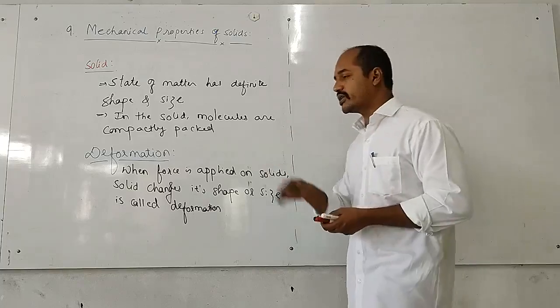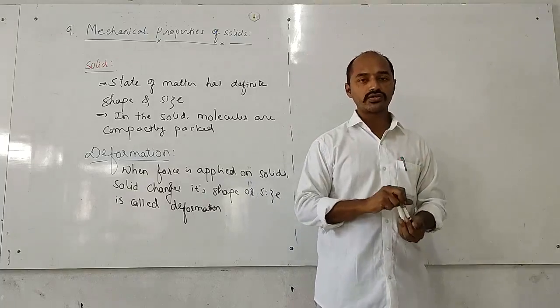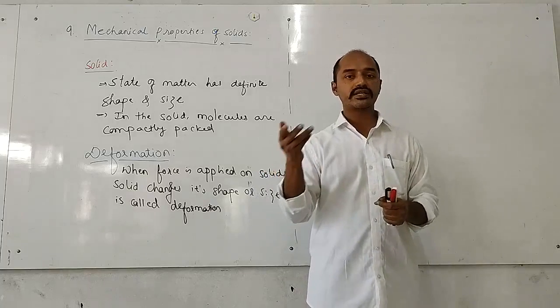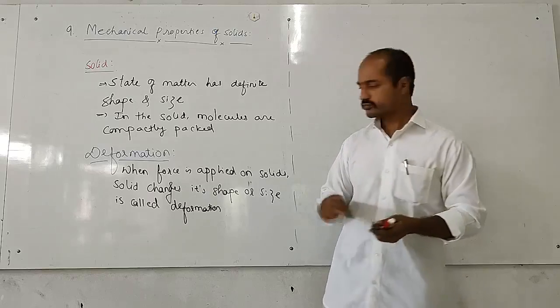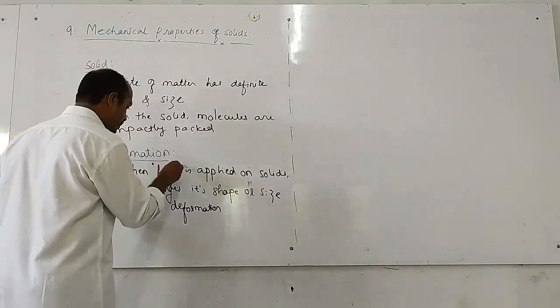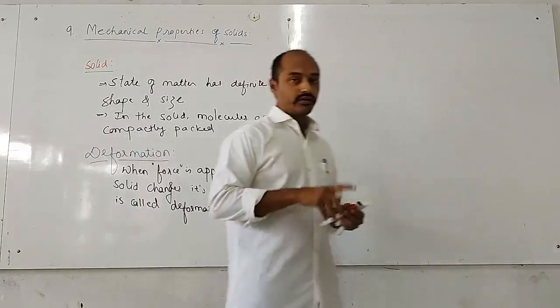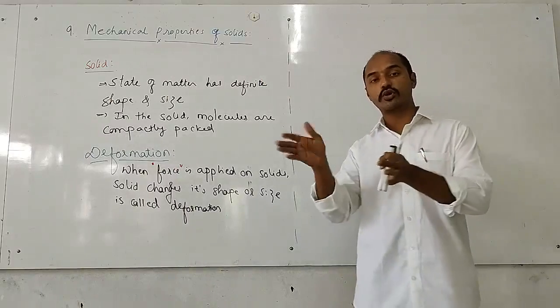So coming back to the deformation, it is nothing but when force is applied on the solid, it changes its shape or the size. This is called the deformation. See, due to this force, the body does not change its state from rest to motion.